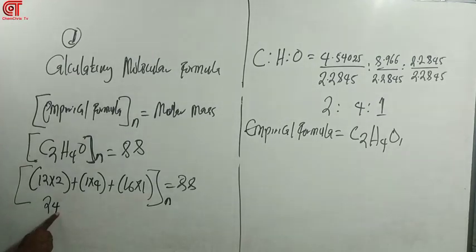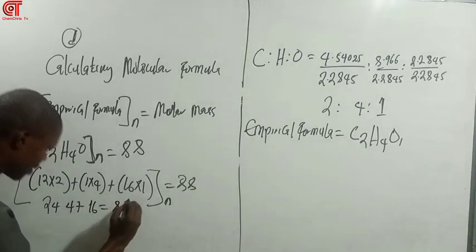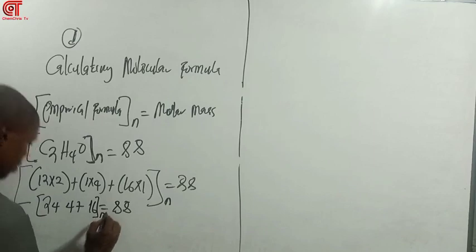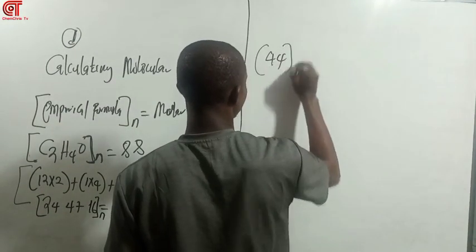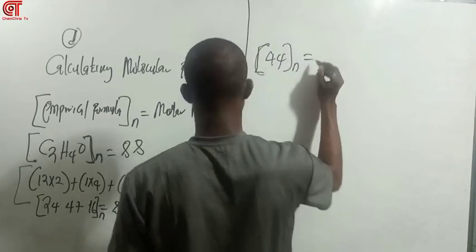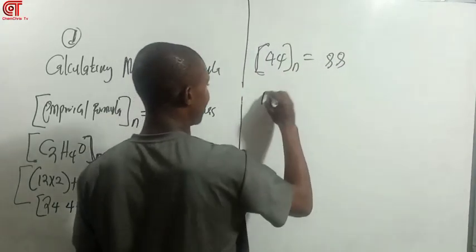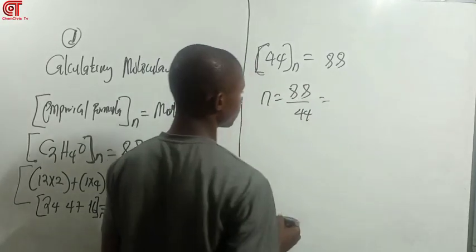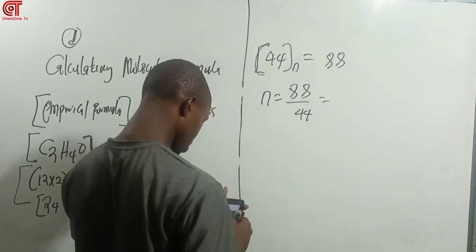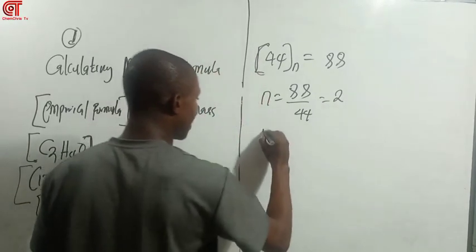Here we have 24 plus 4 plus 16 gives me 44. So 44 N equals 88. Making N the subject of the formula, N equals 88 over 44. Going to give me 2. So then my N is going to be 2.